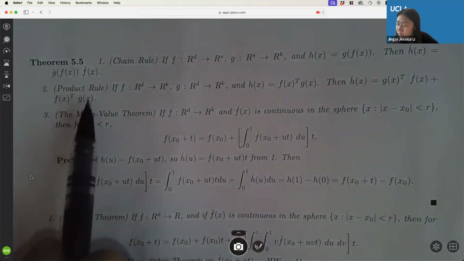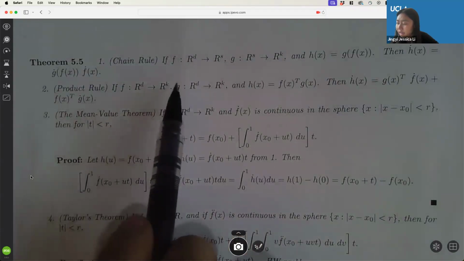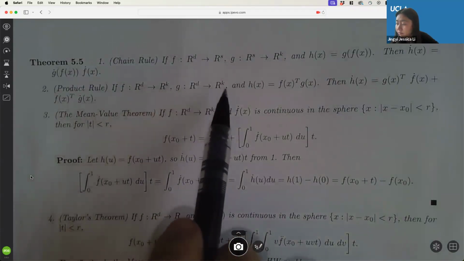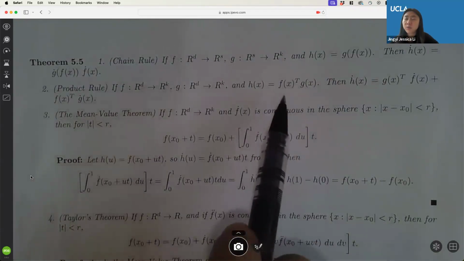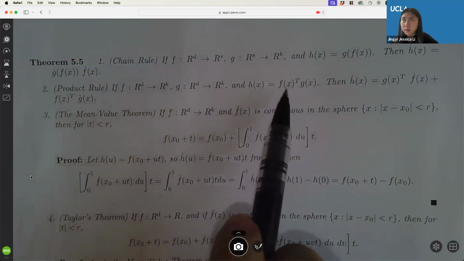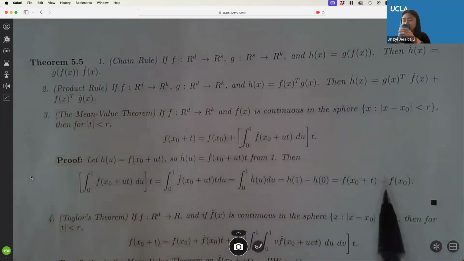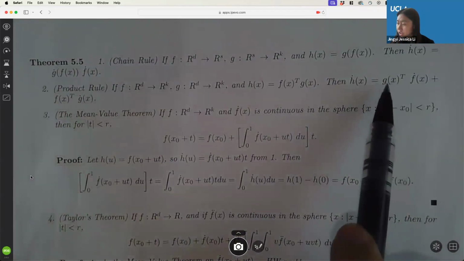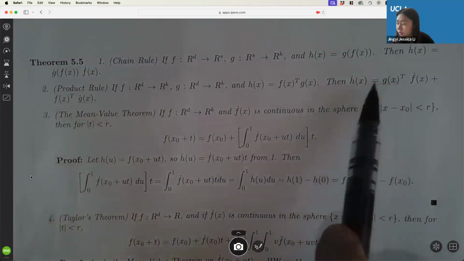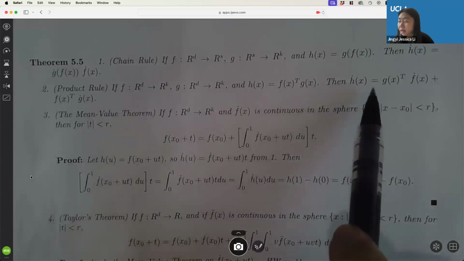Second thing, product rule. If you have F from d to k and G from d to k, so both F of x and G of x are k-dimensional, we can define H of x as their inner product, so H of x is one-dimensional. Then H dot of x is d-dimensional, so we keep the dimensions in mind.